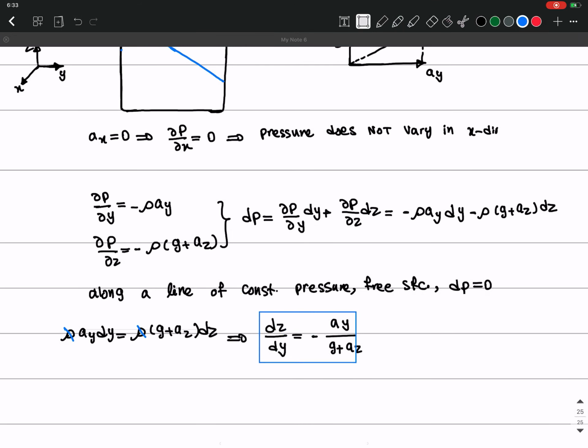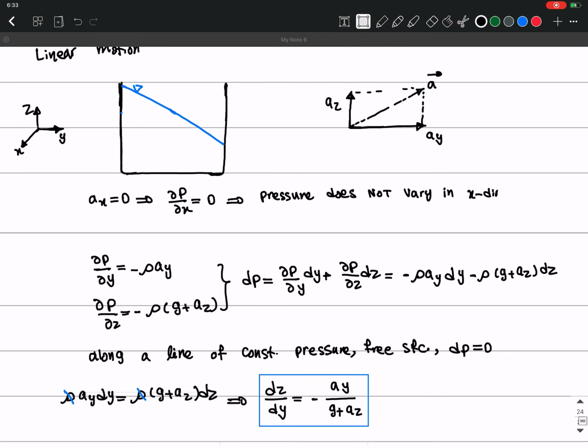This is what you expect, and this is what we also got from this equation. How? So dz over dy, let's say for not the whole system, but just a little bit of that, like here.